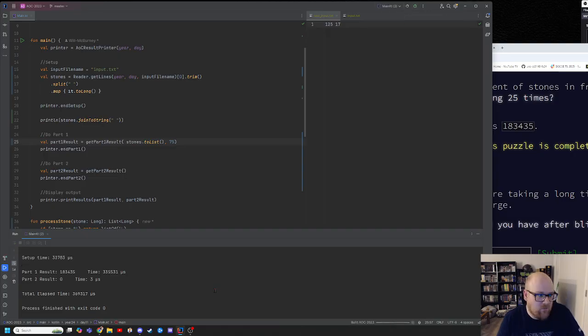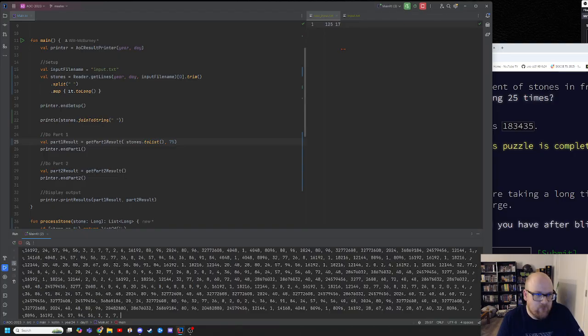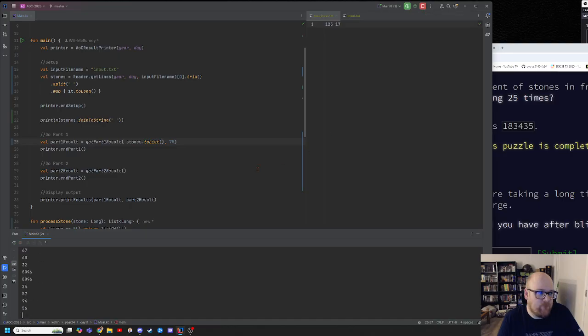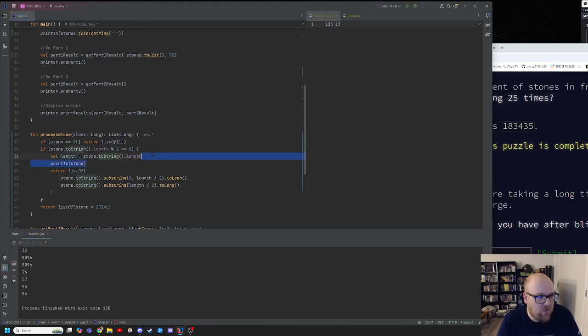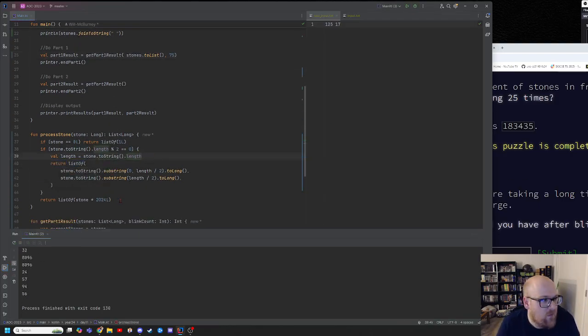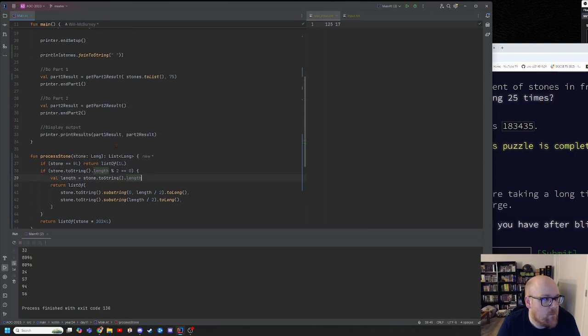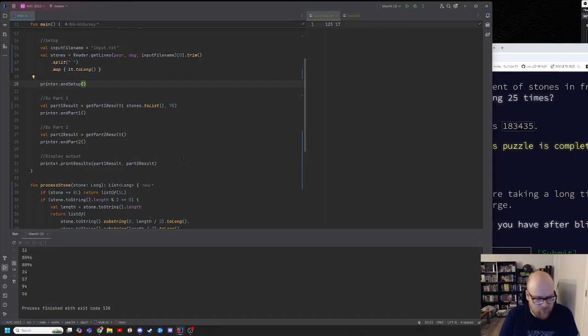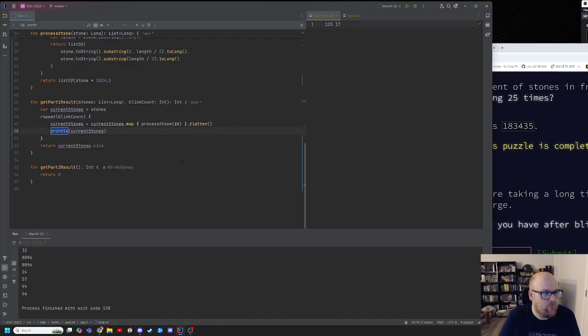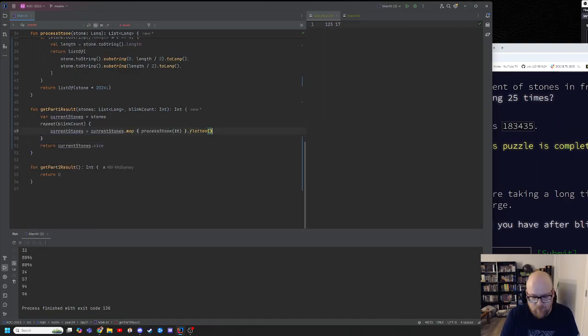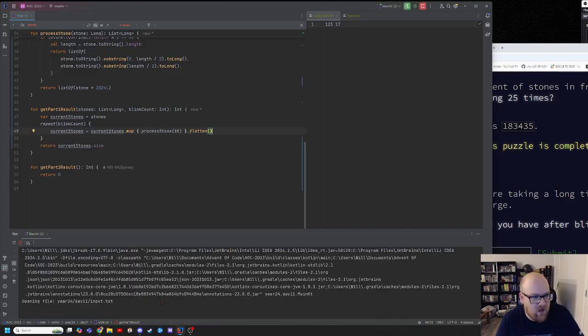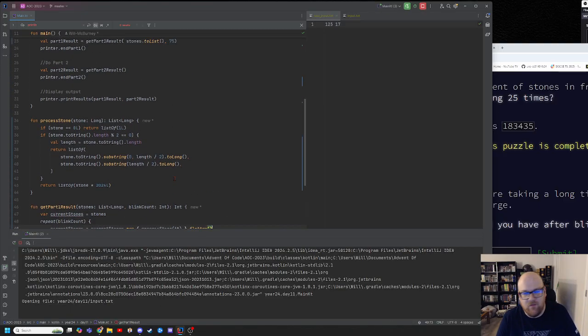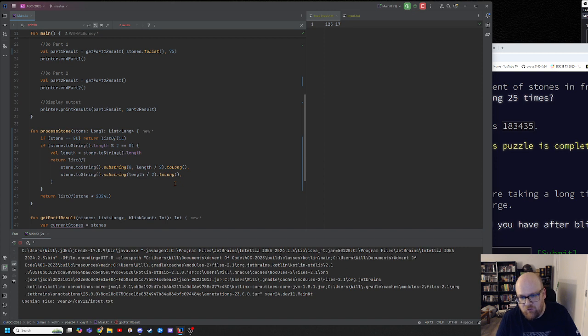And that's tricky. I need to obviously get rid of these print statements as well. It's obvious I'm not going to be able to do 75 because it's growing exponentially.